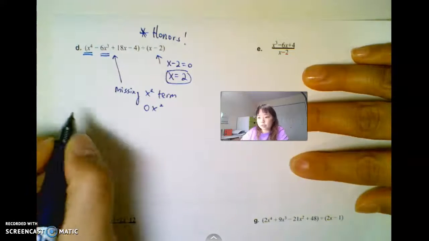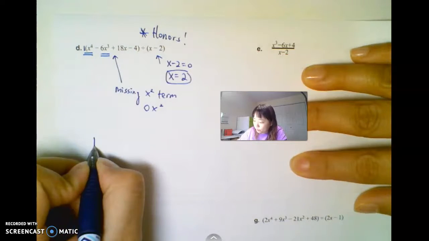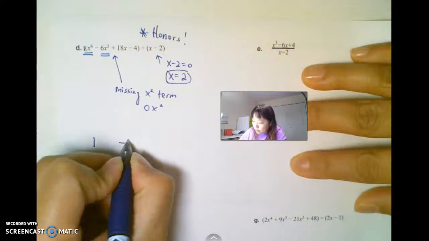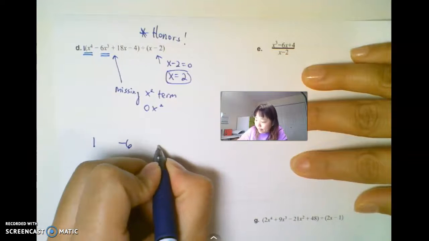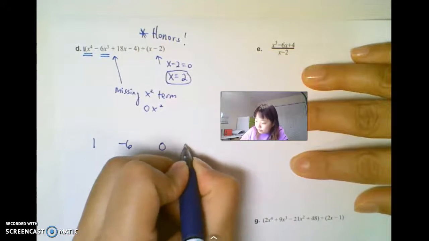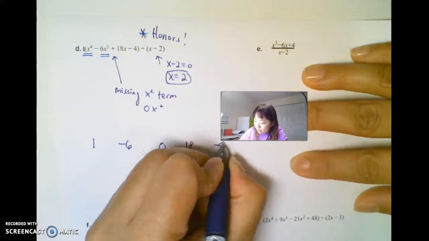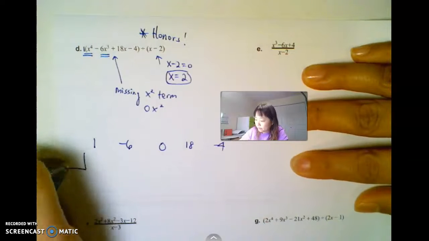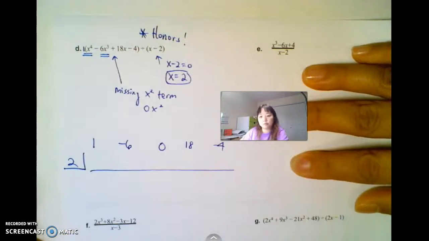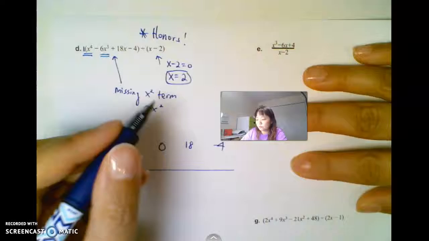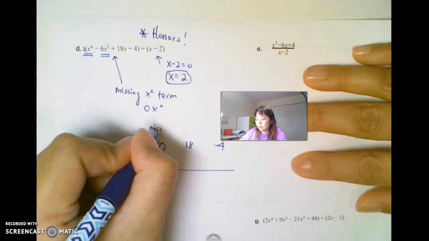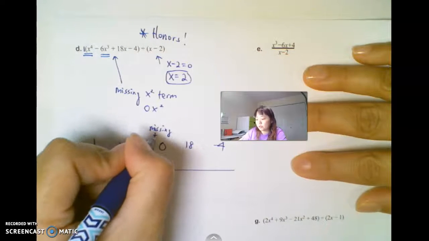So when we write this, the coefficients will be 1 for x to the fourth, negative 6 for x cubed, and then 0 for x squared, then 18, then negative 4. That divided by a positive 2 is how we have to write it. So for a missing term, make sure you put a 0 in it.